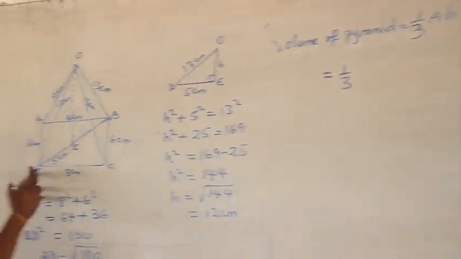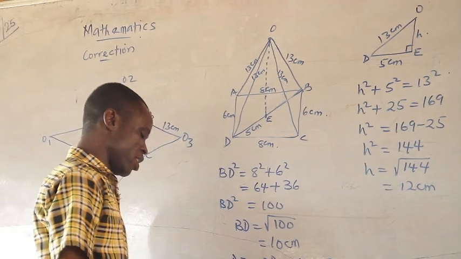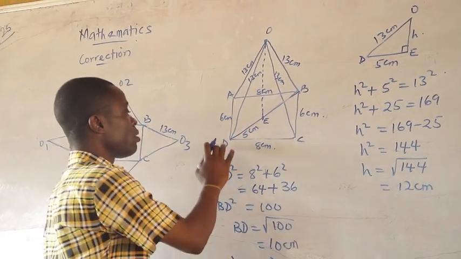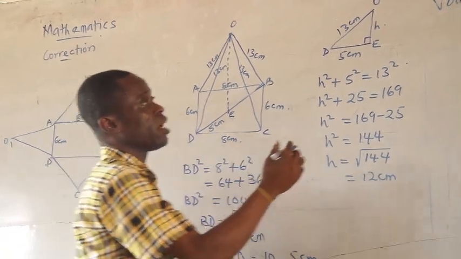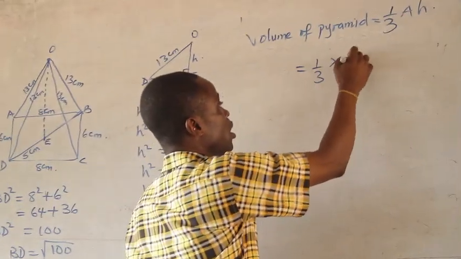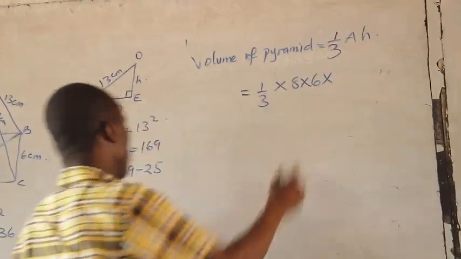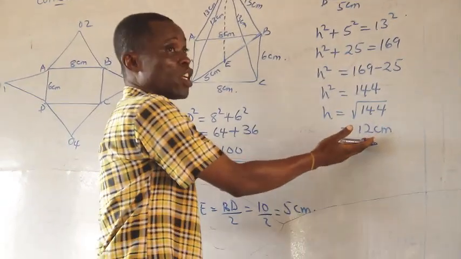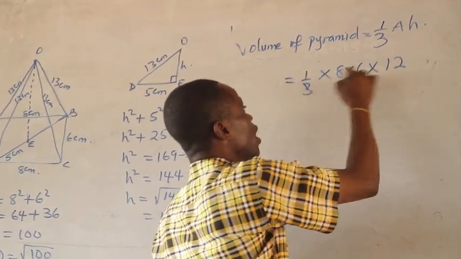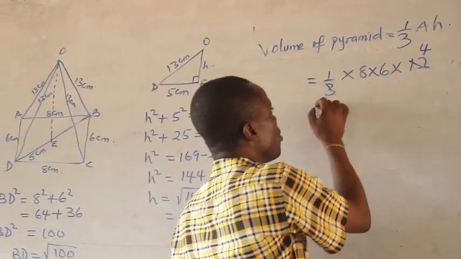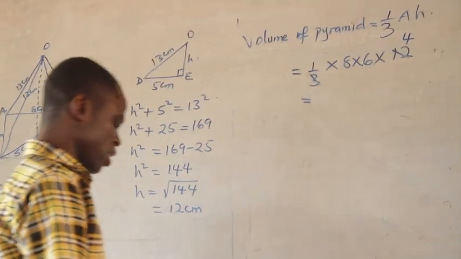The shape of that base is a rectangle, and the area is 8 times 6. And the perpendicular height is what we have here as 12. So when you do the substitution, 3 goes into 12 four times, so let me multiply 8 times 6 times 4.